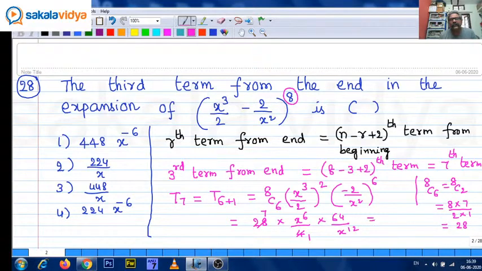That means you will be getting 64 into 7, which is 448. So that means 448 upon x to the power of 6. That can be written as x to the power of minus 6. So first option is the right option.